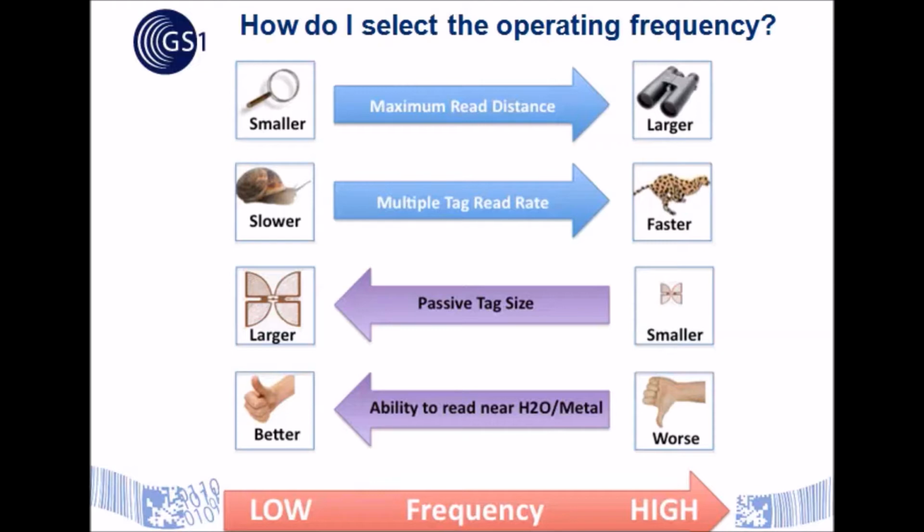So low frequency LF and high frequency HF will give you better performance than the ultra high frequency. But if you want to implement an RFID system in a warehouse, in a metal environment, you need to select ultra high frequency UHF to get better performance. So you need to consider the implementation environment.